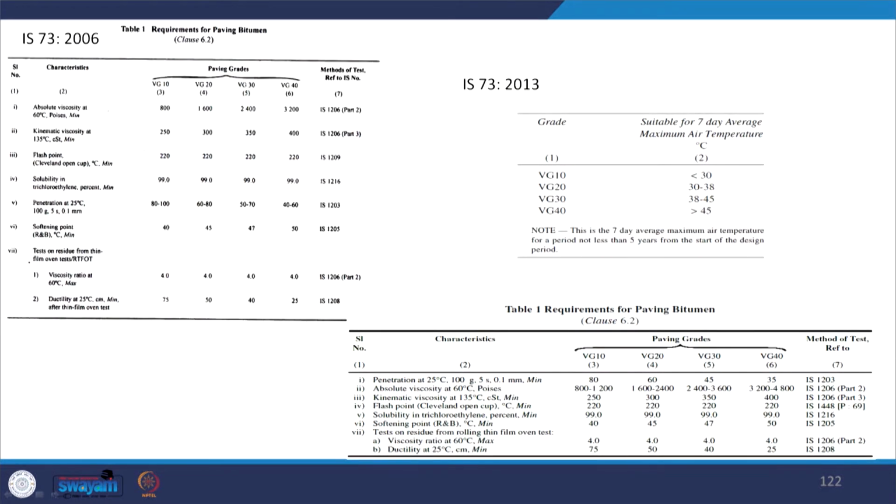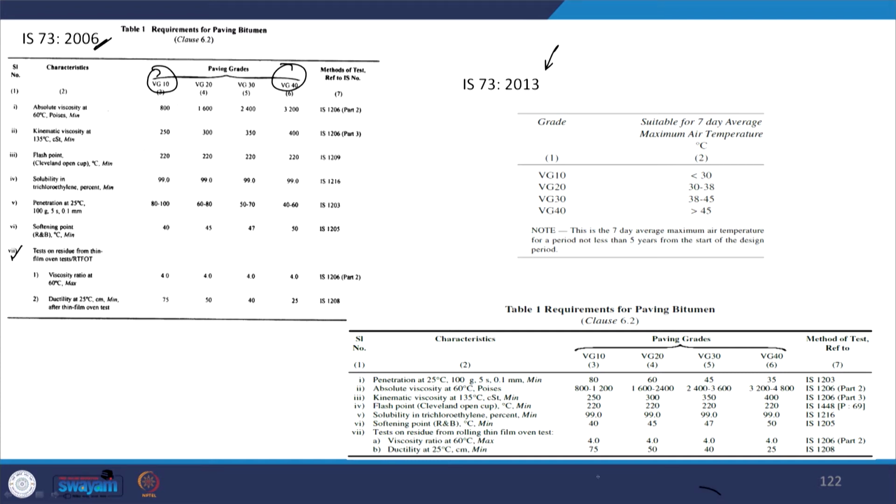So, this is again taken from the further revisions. So, 2006 you can see. So, here we started using the viscosity grading system, and therefore, you see that we have VG10 to VG40 here. Before that, let us see the requirement of the number of tests. You can see only 7 tests are required in comparison to the previous revision.